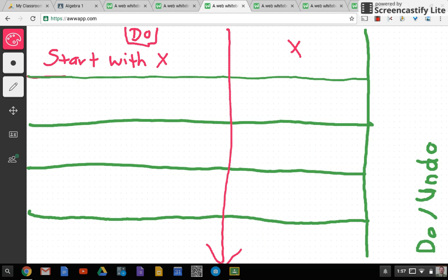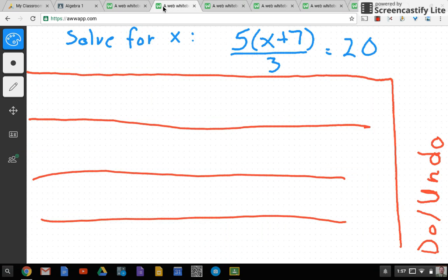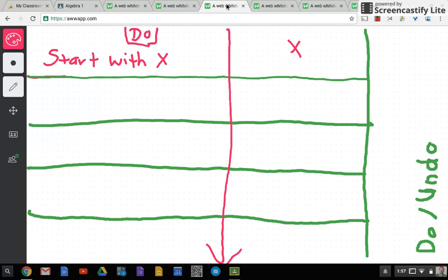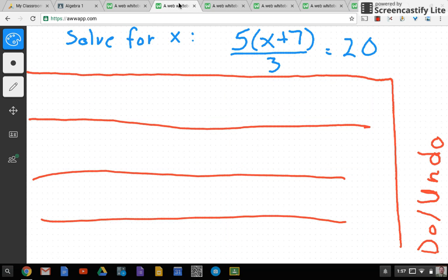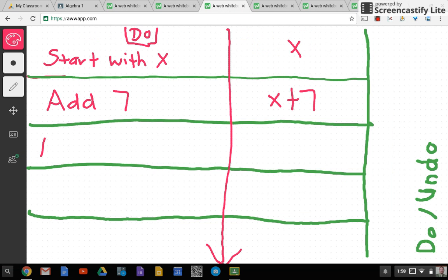So the next part that I would do, looking back there, is I added 7. So I'm going to add 7. And that would be x plus 7. So I would add 7 to my variable x. The next step, as I'm looking here, is I would multiply by 5 because that's on the outside of the parentheses.